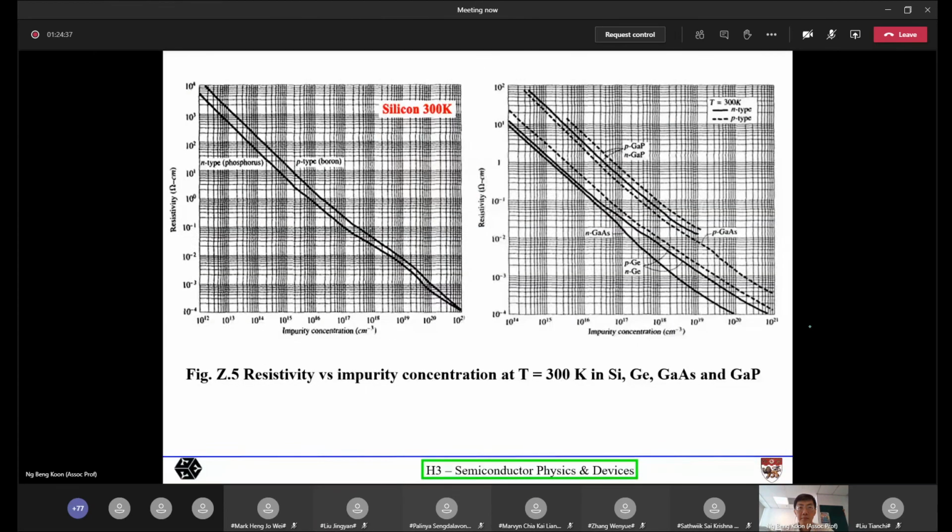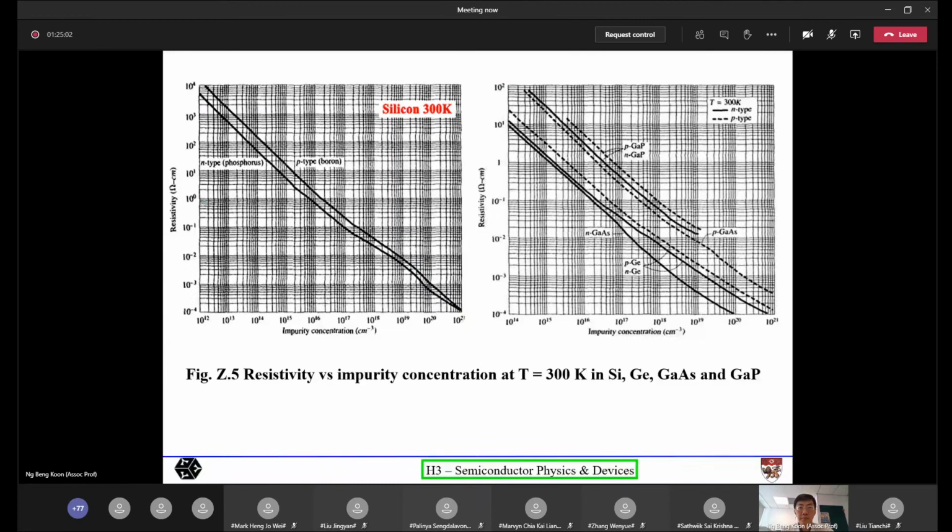In fact, once you determine the resistivity, for many semiconductor materials there is a calibration graph that you can use to determine the doping concentration in the material. For example, for silicon, you have two graphs, depending on whether it's N or P type.